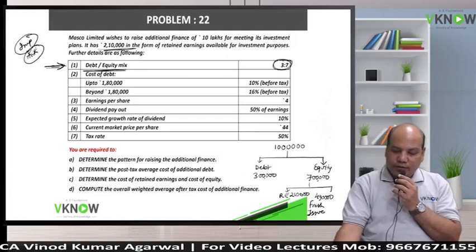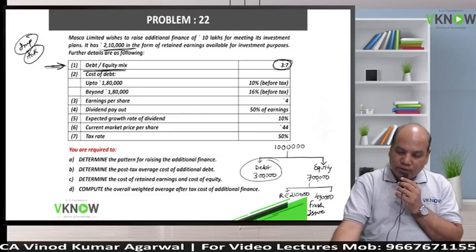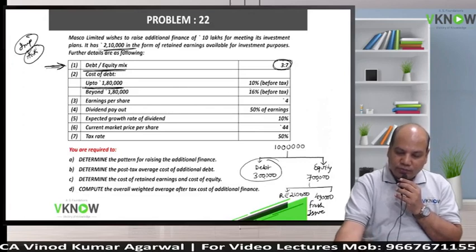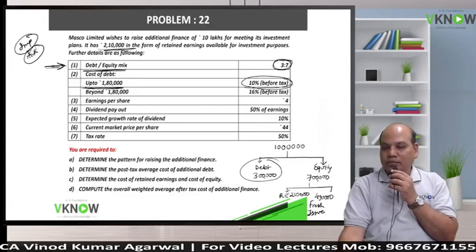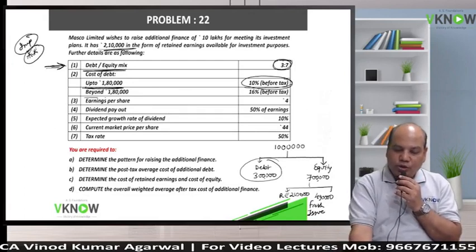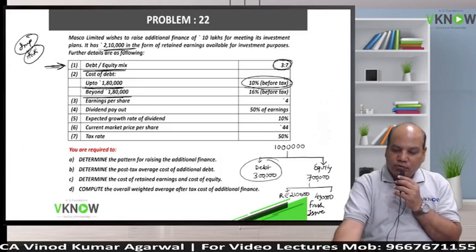What about debt? Total debt they will be 3 lakh, but the cost of debt is changing. First up to 1,80,000, it will be 10% before tax. And then after that, if you raise beyond that, it will be 16% before tax.